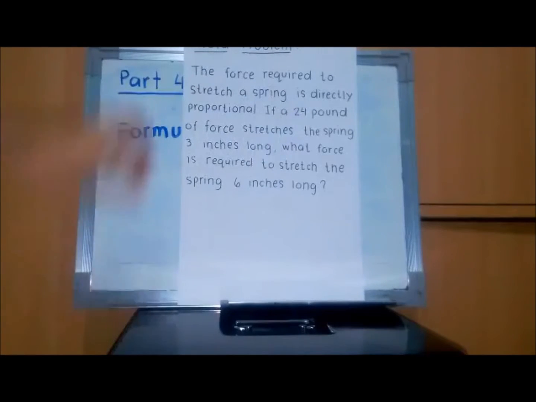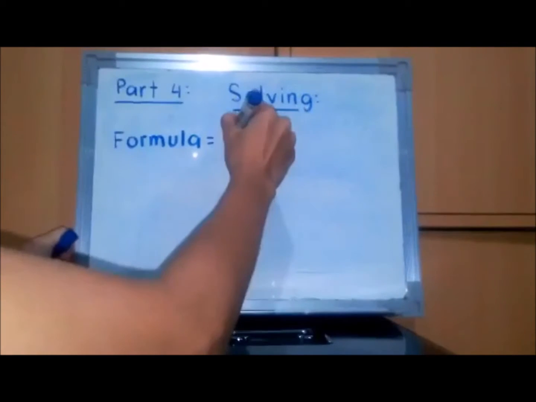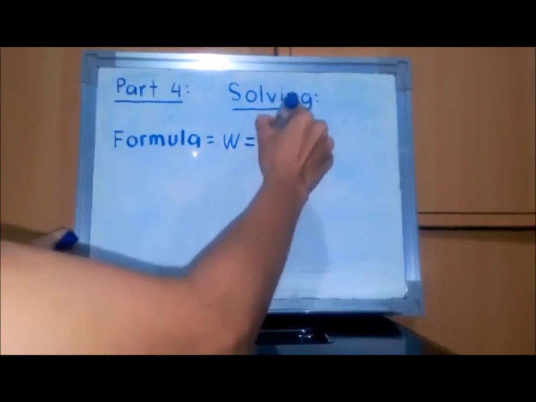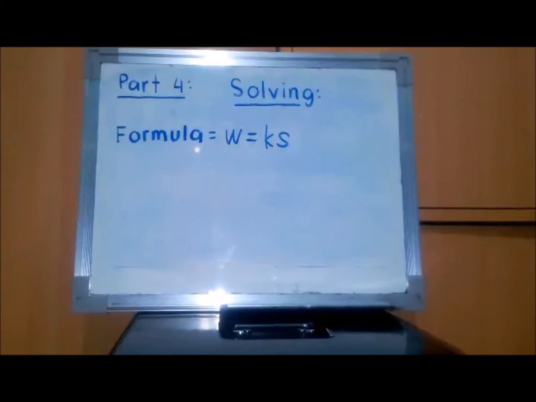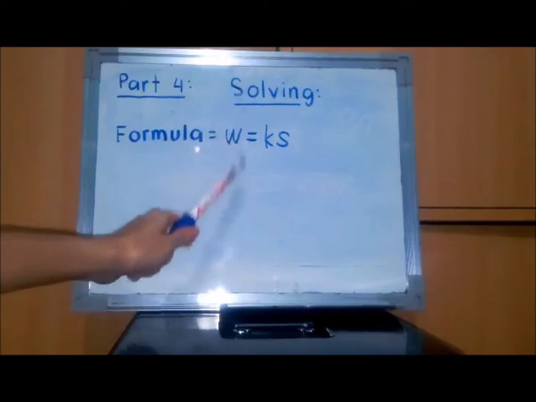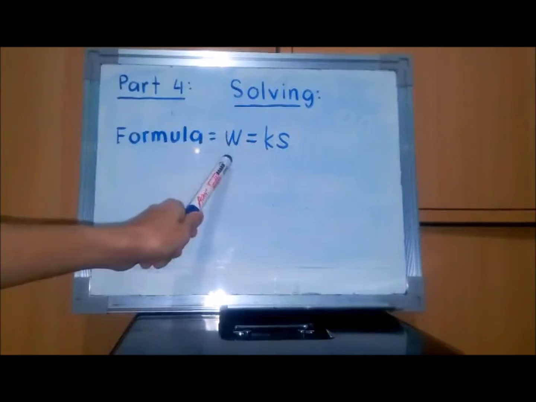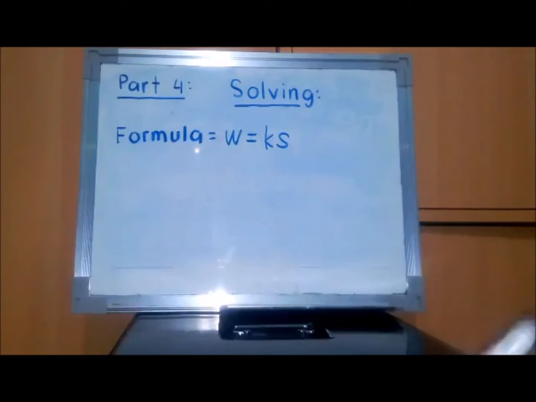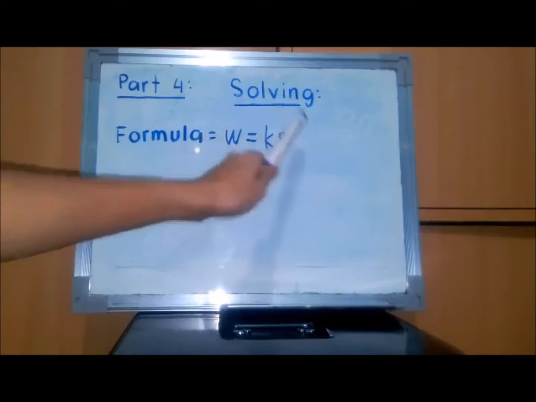So when we say directly proportional, it would look like this: W is equivalent to KS, or as I've said here, W is directly proportional to S. We'll just substitute to make it easier and more convenient to understand.